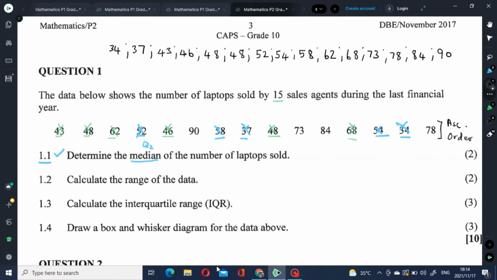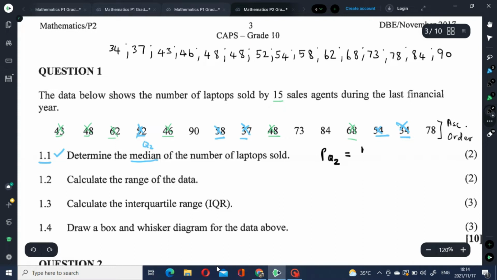The position of Q2, remember Q2 stands for the median, is equal to the number of elements in the data set plus 1, divided by 2. There are 15 elements, plus 1 divided by 2, so that's 16 divided by 2. So position 8 is where the second quartile is.